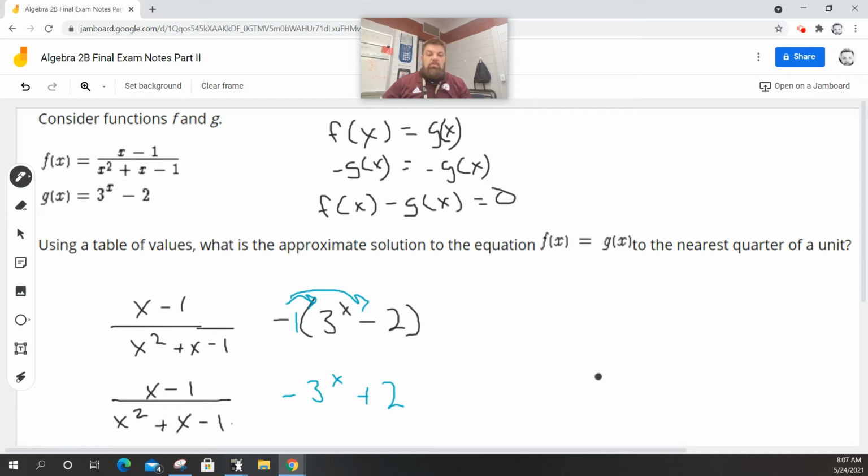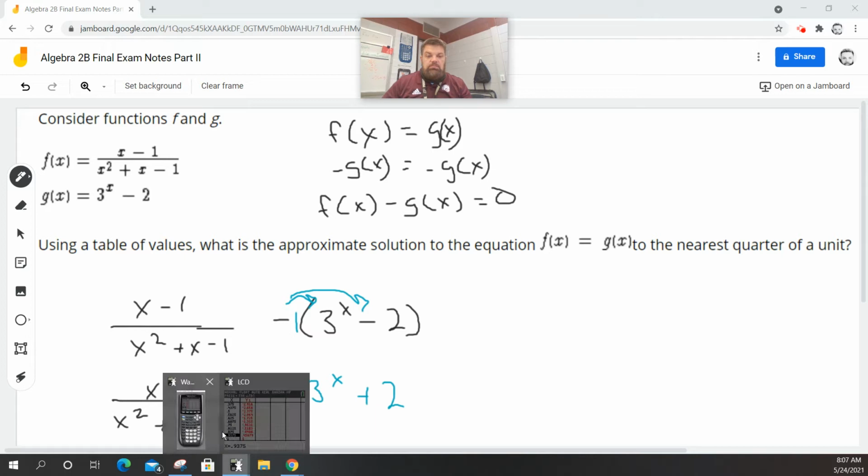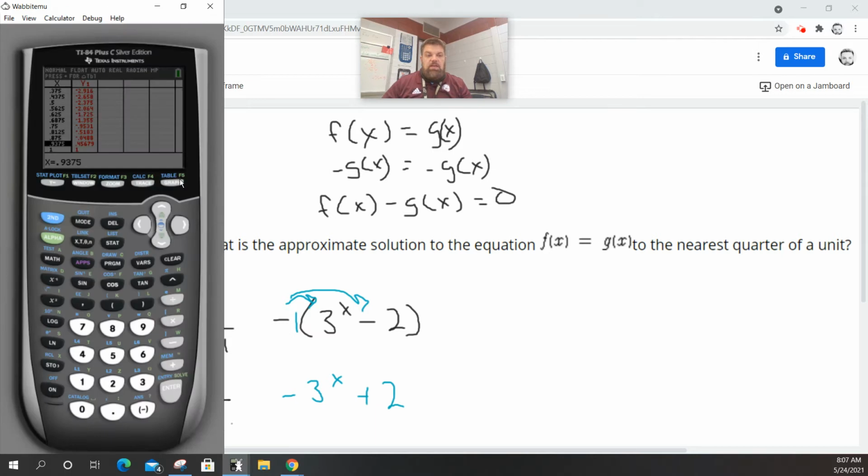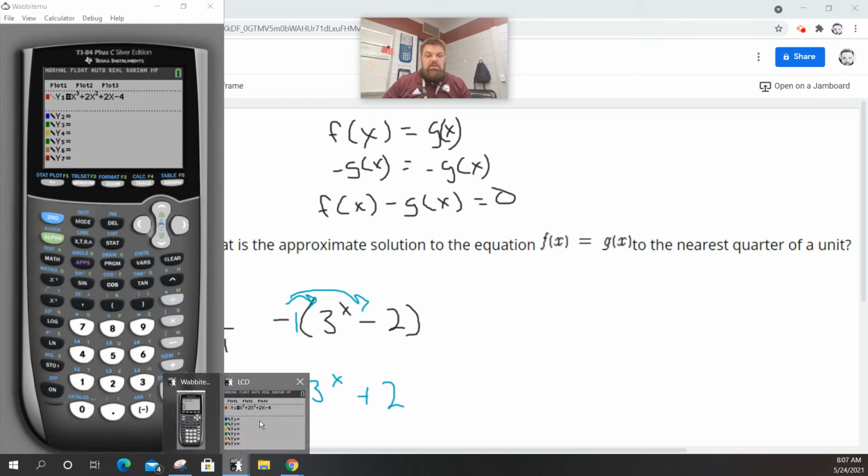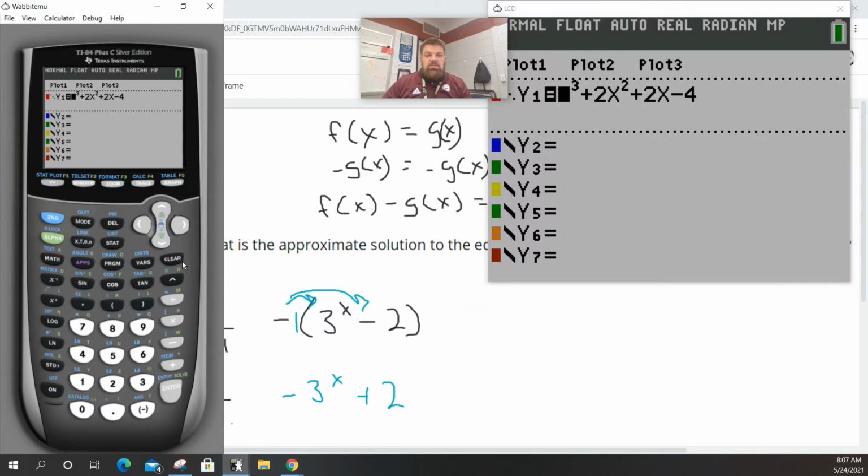All right. So we pull up our calculator. And we want to plug in this equation. Let me make it bigger. So let's do this. Clear this out. And then in parentheses, I'm going to put x minus 1. This is the numerator of the first function.